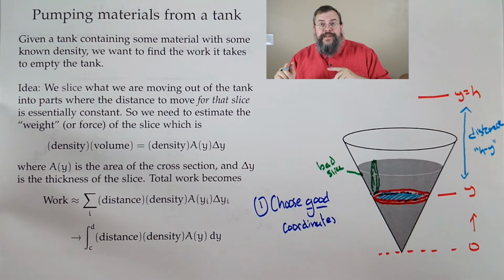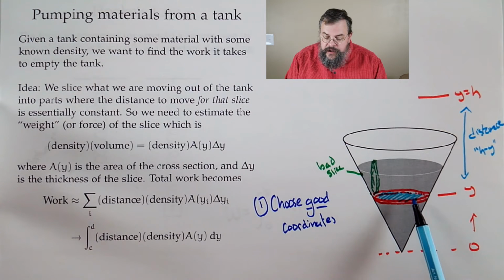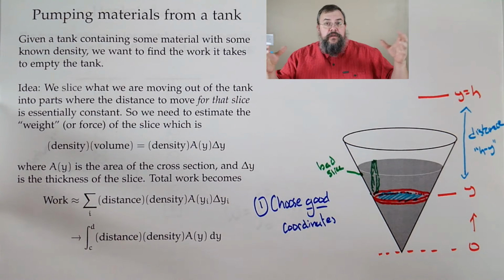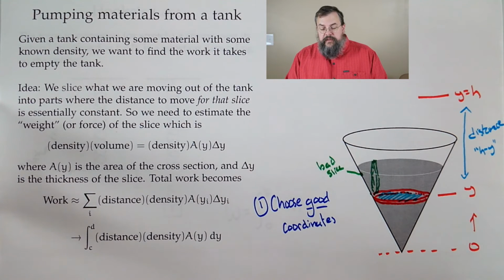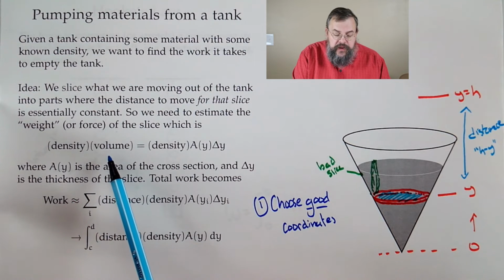We need the force. Okay, so now let's think about our force. Well, there's some sort of material, and it has a density attached. When we think about density, we can think about it as, for example, pounds per cubic foot. So, since we have some sort of density in play here, we'll take our density times the volume of the slice.